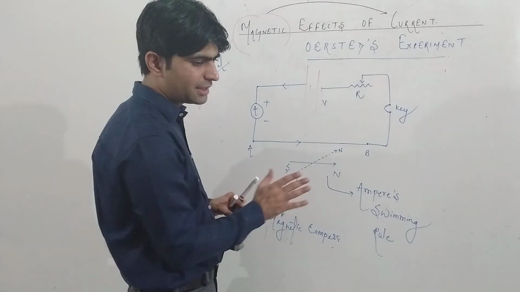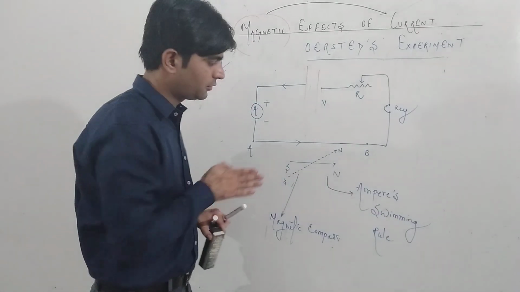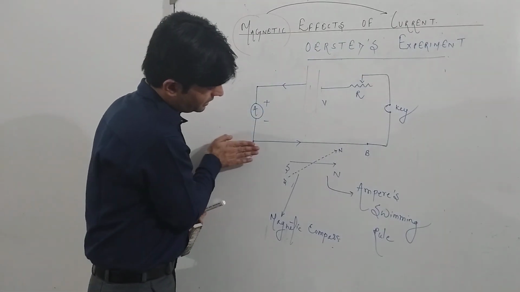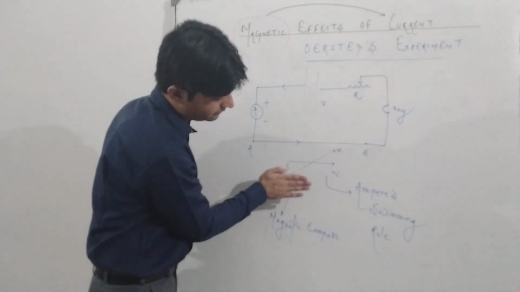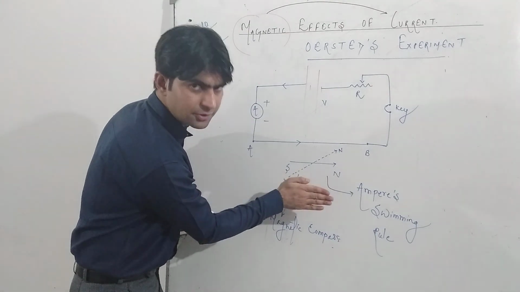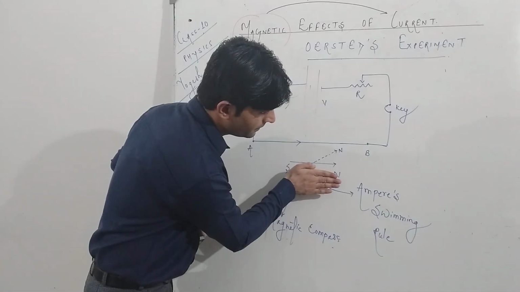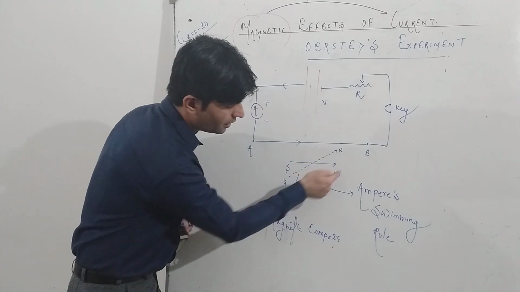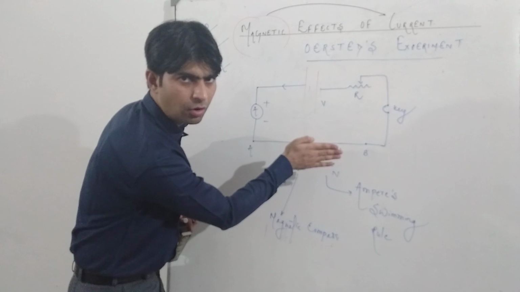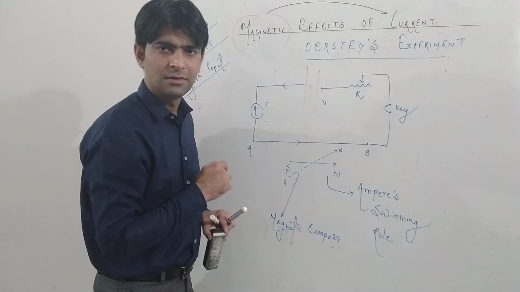Now this rule states that you consider yourself swimming along the direction of current. In this plane, the current is flowing from point A to point B, and a swimmer is swimming like this. If you consider yourself as a swimmer and you swim along the direction of current, then the north pole of the magnetic needle will deflect towards the left hand side of the swimmer. This is what Ampere's swimming rule is.